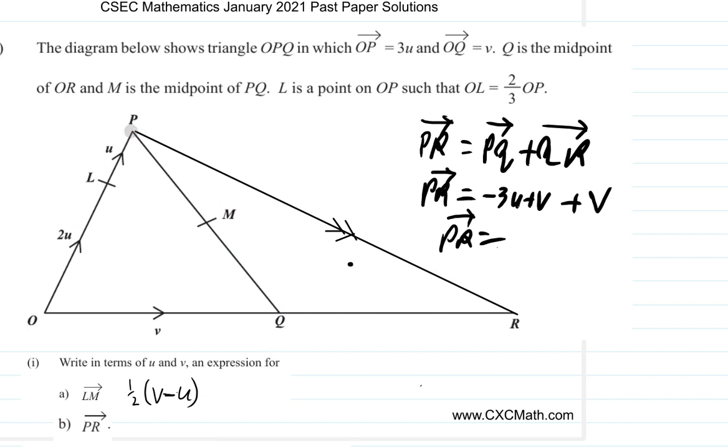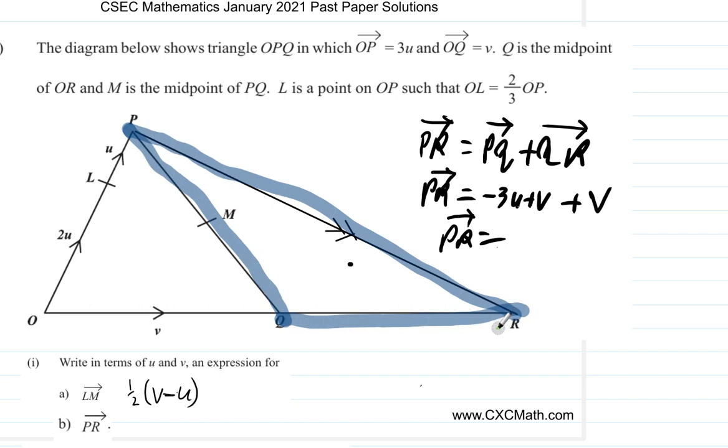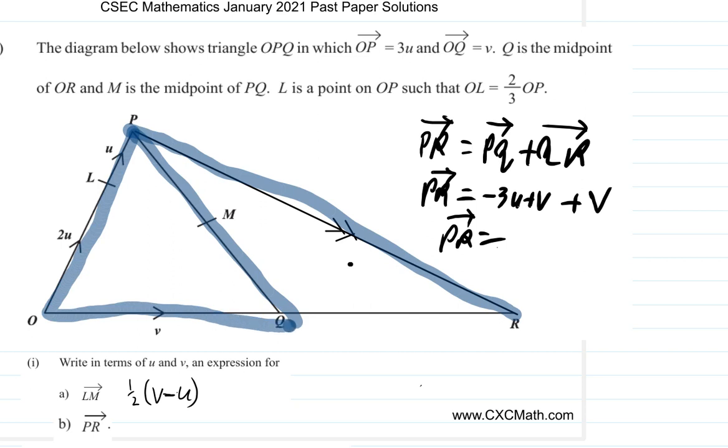Going from P to R is the same as going from P to Q, then from Q to R. But going from P to Q is the same as going from P to O, then O to Q. P to O is negative 3U plus O to Q is V. You take care of this part, and then you go V more because this is V. So make sure you get it.